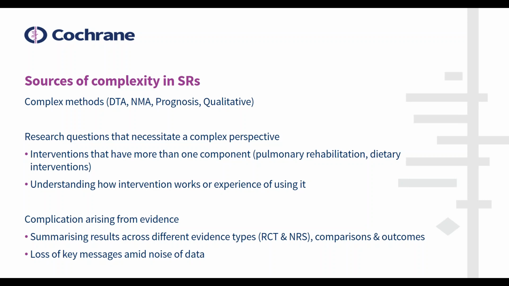And I think it's fair to say that in Cochrane, the greatest challenge that we see in terms of complexity in systematic reviews is summarizing results across different evidence types, and numbers of studies that make it very difficult for people to manage comparisons and outcomes, and think about the important results that they then need to put into the abstract, and where that goes in terms of the effects of intervention section, the discussion section, and the conclusions.